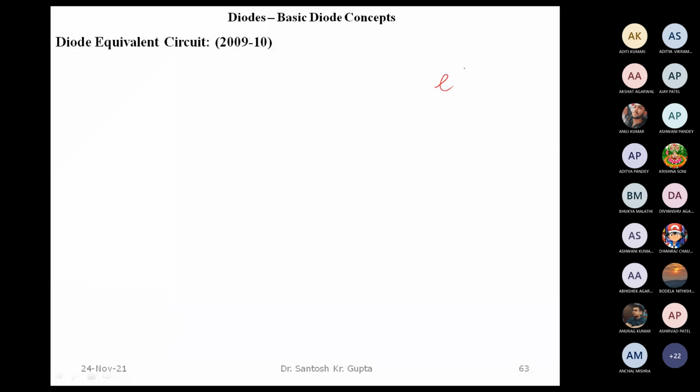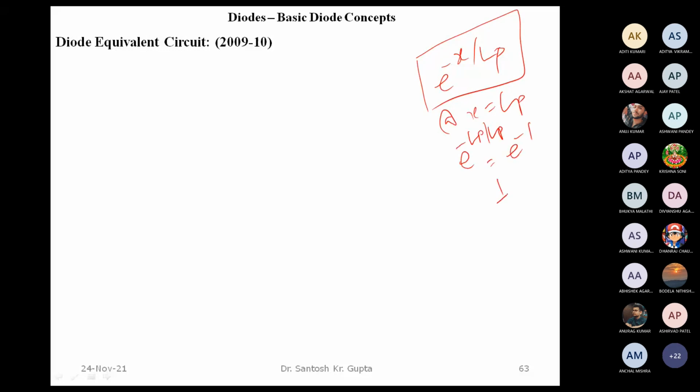So minus x upon LP kind of variation is there. At x equal to LP, the exponent is going to become minus LP upon LP, that is exponential minus 1.